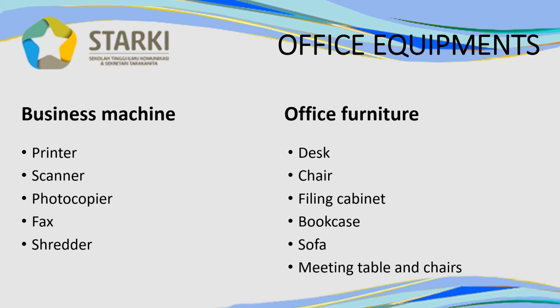Office equipment includes, for example, business machines. You can see a printer, scanner, photocopier, and some others. Then office furniture can be a desk, chair, filing cabinets, bookcase, sofa, meeting table and chairs.